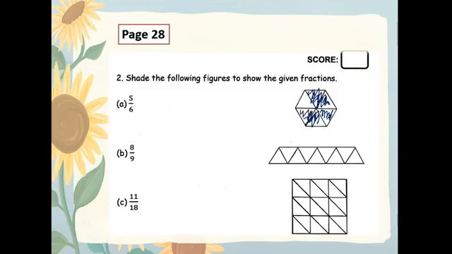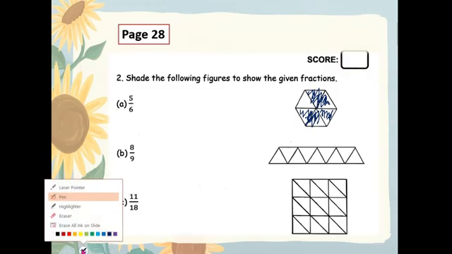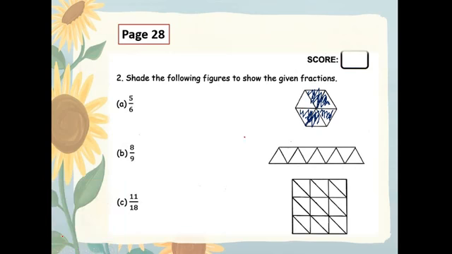So this is the answer for letter A. Letter B, 8 over 9. So color 8 small triangles out of 9. Okay, please color it properly.